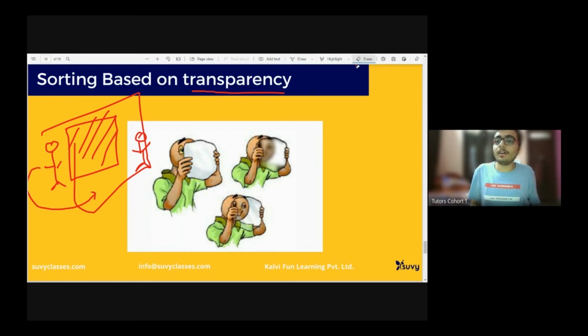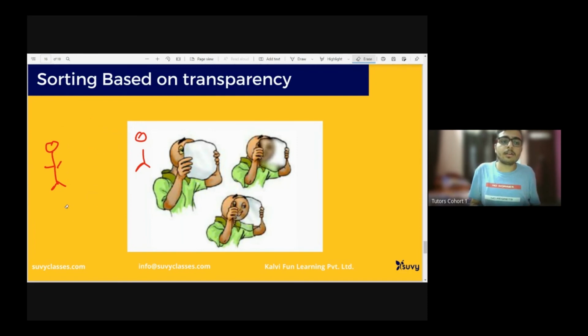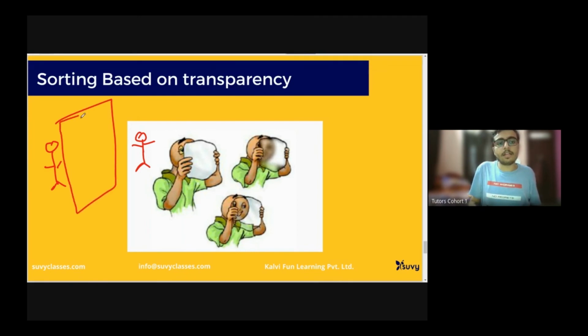So, if this brick wall is replaced by a glass panel, then I can see you clearly, right? Agreed? Yes, of course I can see you. So based upon this phenomenon, we segregate substances into three categories.